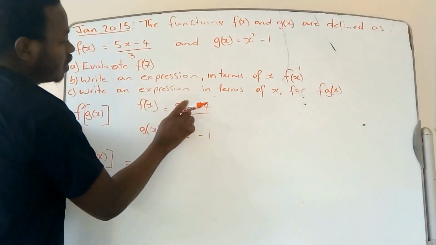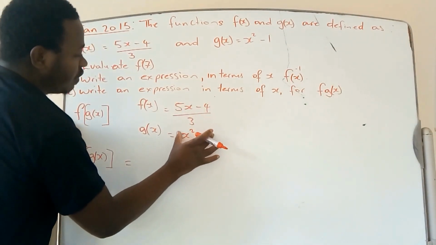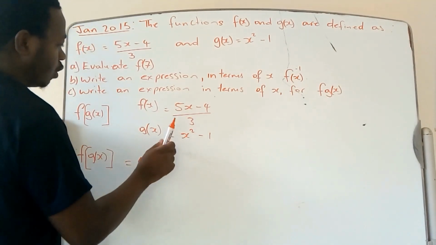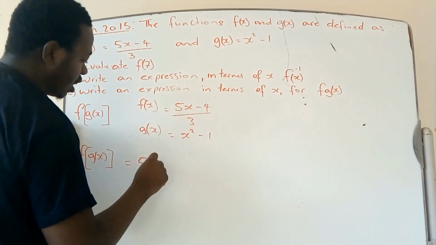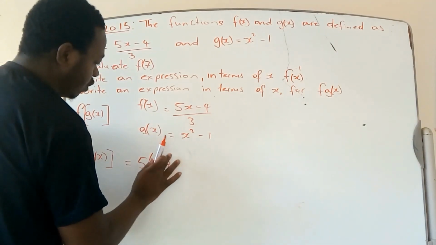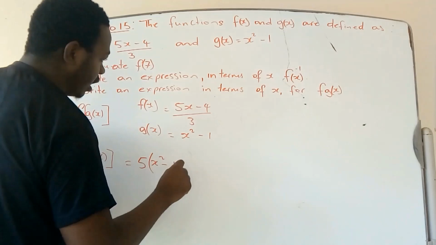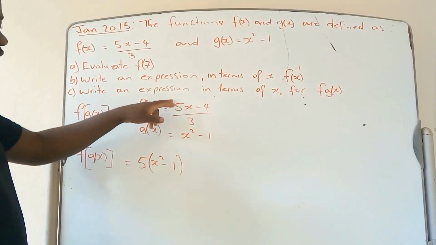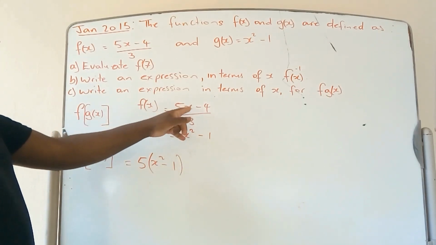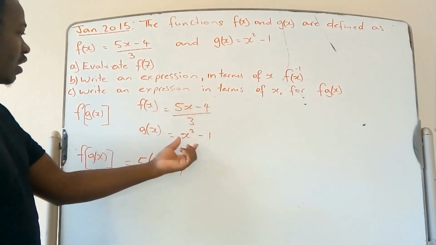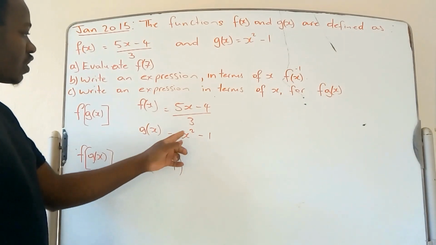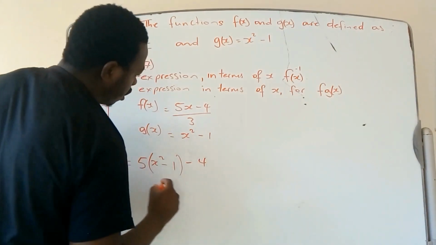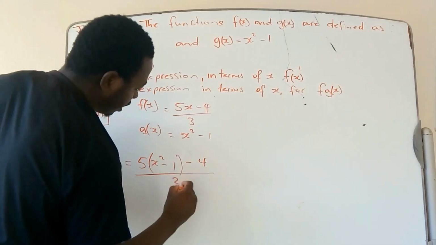So wherever you see x, you are going to put g of x into it. So this is going to be 5 open bracket. What is g of x? X squared minus 1. So now we would have had 5 times x, but instead of writing x, you replace that x with g of x, which is x squared minus 1. That's it. Minus 4, all of that over 3.